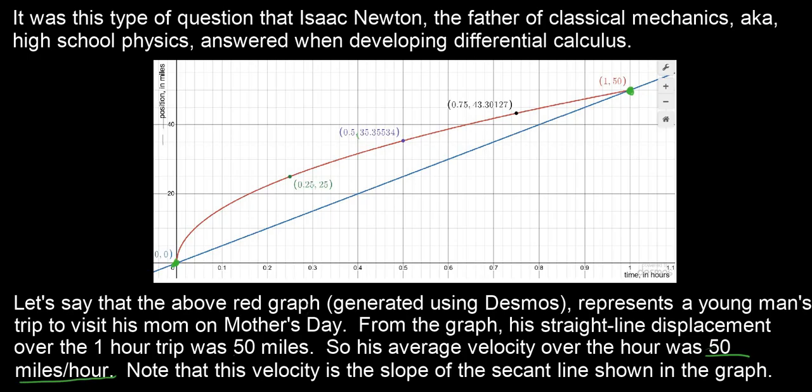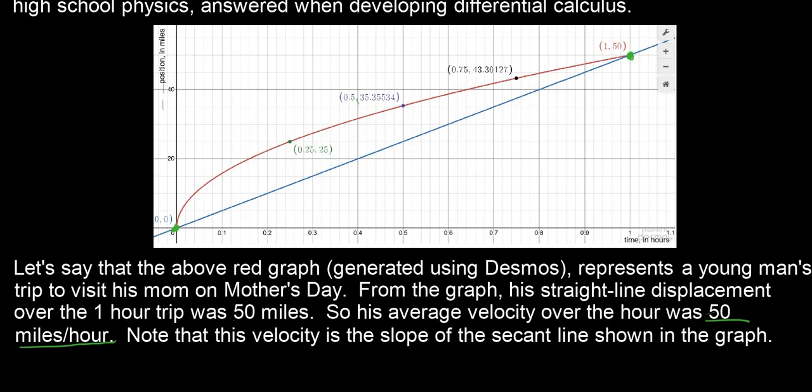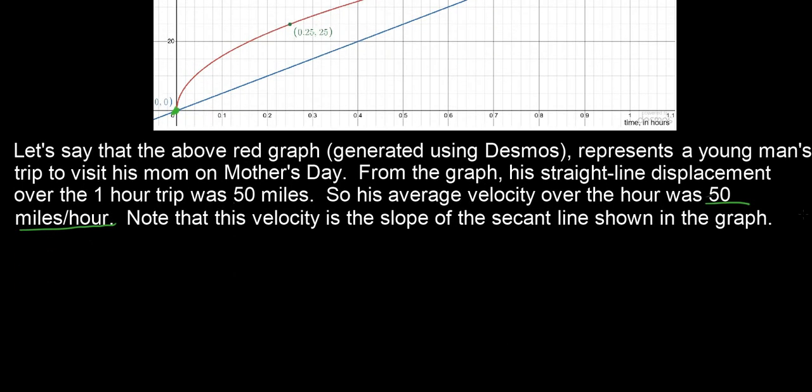That's his average velocity, which, by the way, you'll notice is also represented by the slope of that secant line that I drew connecting those two time-position points. Okay, so there we go. So we know his average velocity for the entire trip.